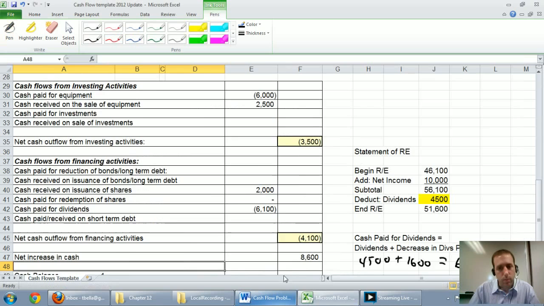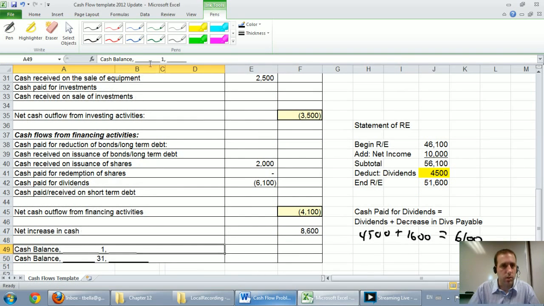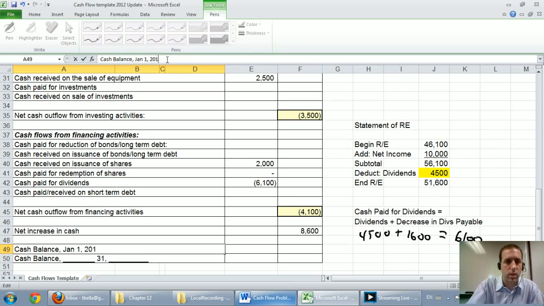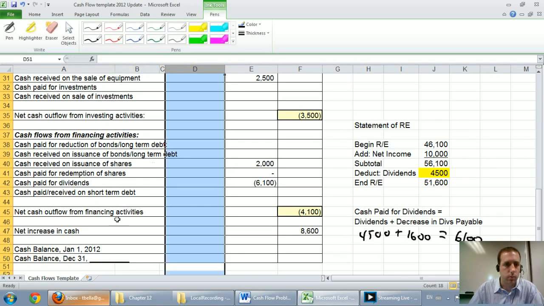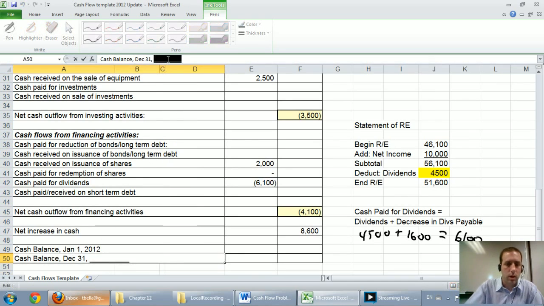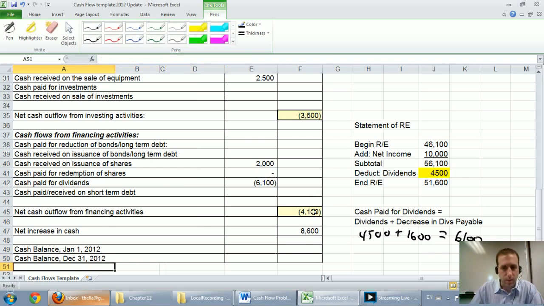So all we do at the bottom of our cash flow statement is we say, okay, what was our cash at the beginning of the year, January 1st, 2012? What was our cash at the end of the year, December 31st, 2012? And did it in fact increase by the amount we said it did? We've just said it went up by 8,600.